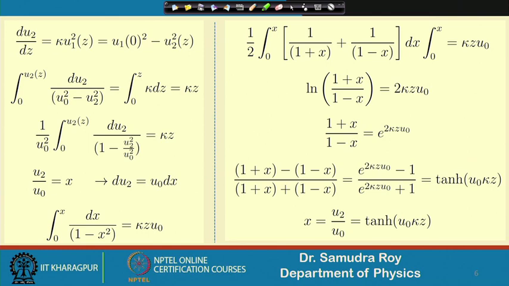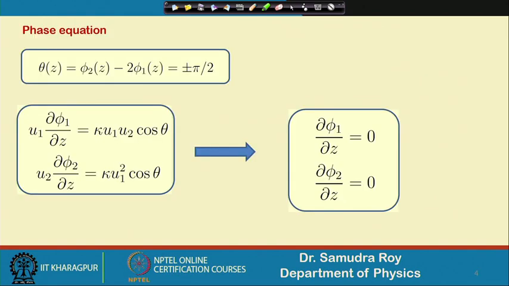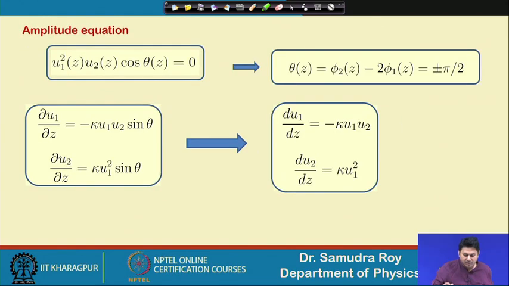I need to solve this coupled equation, and there is a tricky way to solve it. We have from our previous slides that du2/dz is kappa u1 square. So that we know.